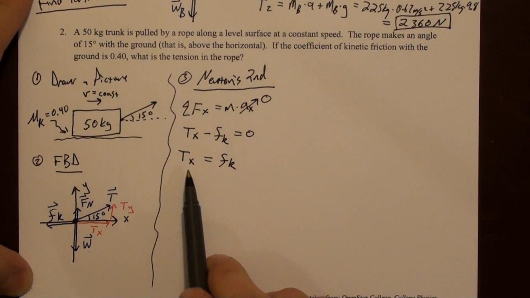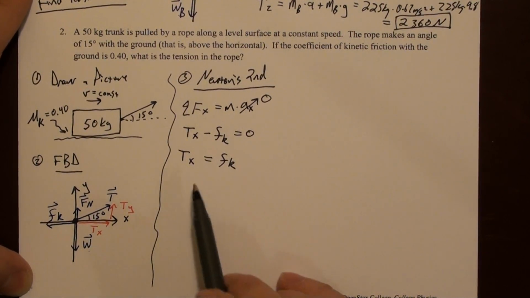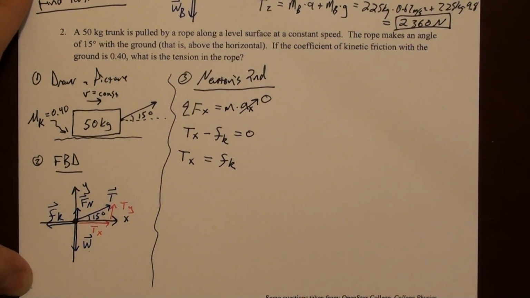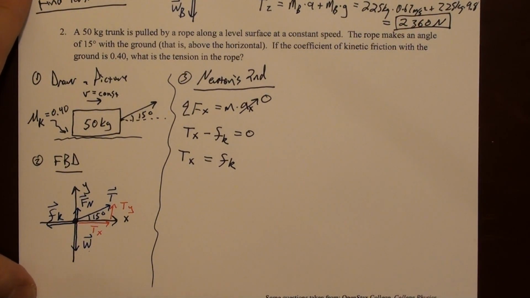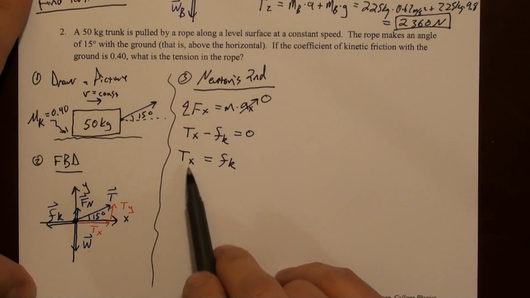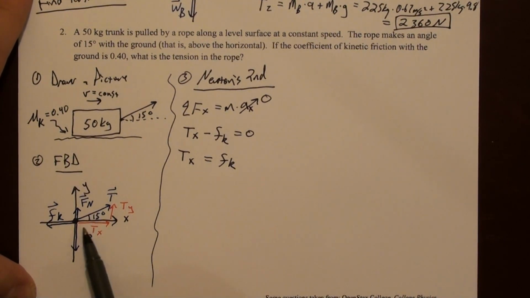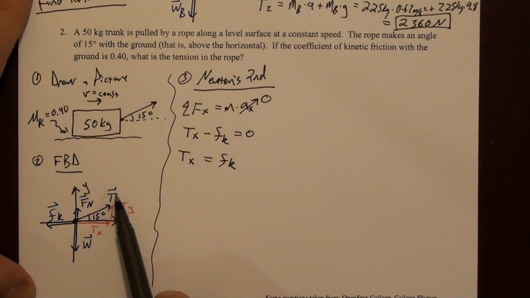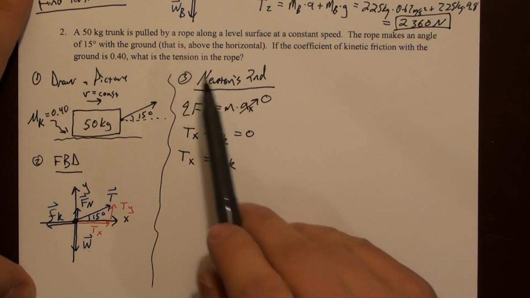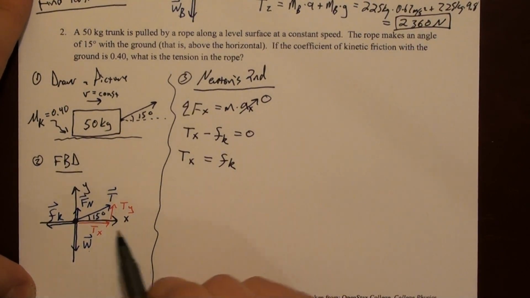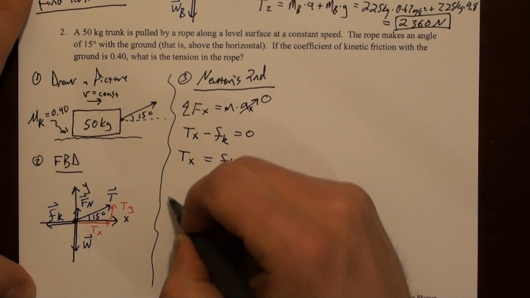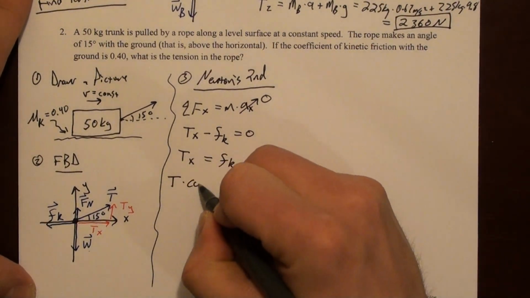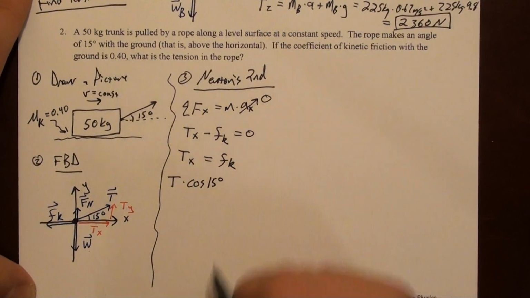Alright, now I'm going to substitute some expressions for these two values to get this closer to things that we have already, things that we're given or things that we're solving for. So T sub x can be found in terms of this total tension, and that's what we're solving for, is the total tension. Right? So T sub x is adjacent, so that's a cosine. So it's T cosine 15 degrees.